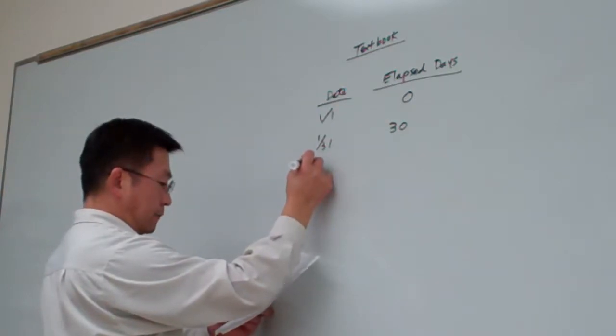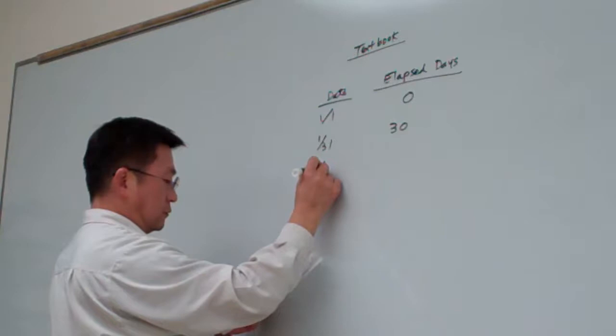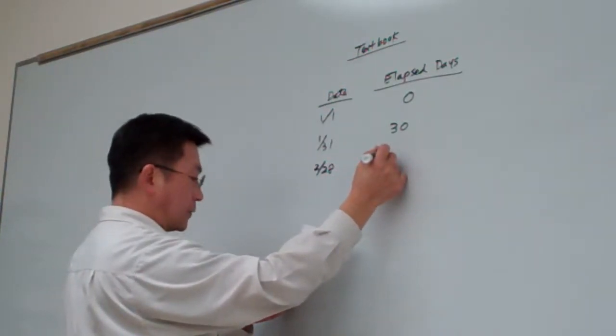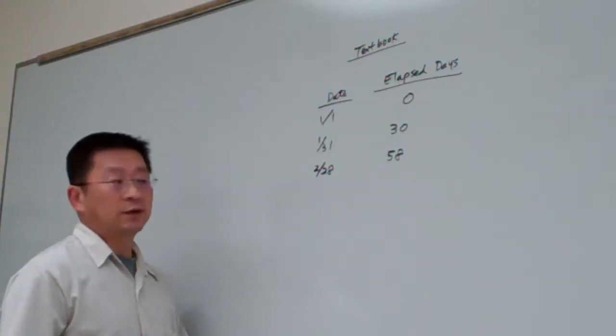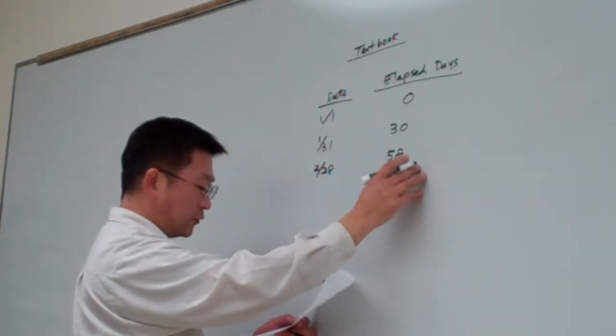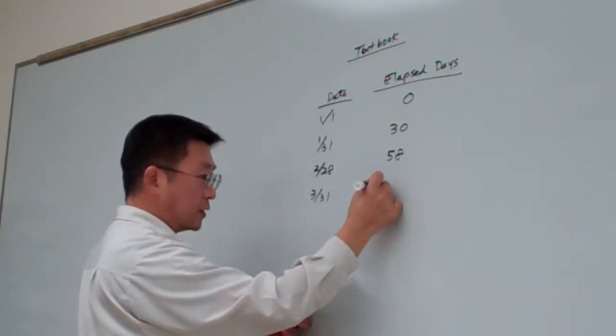And then February 28, the elapsed days is 58, and if that is a leap year, then that could be different. March 31st would be 89.